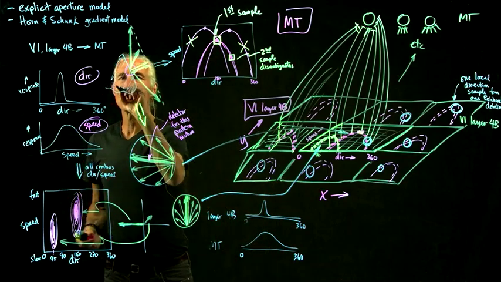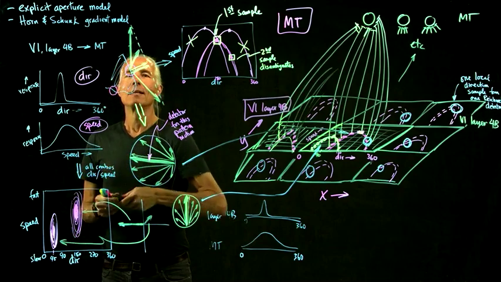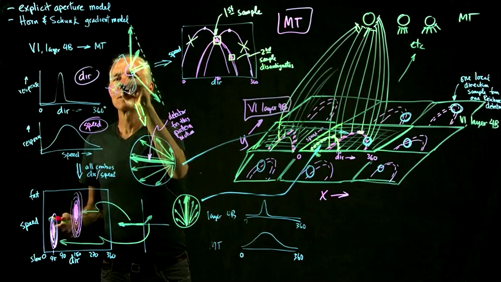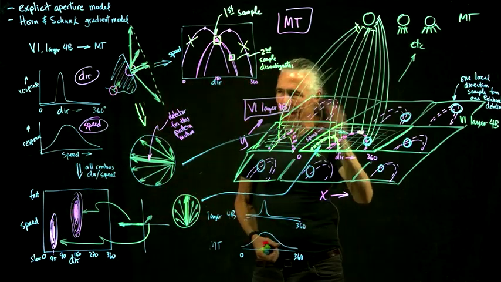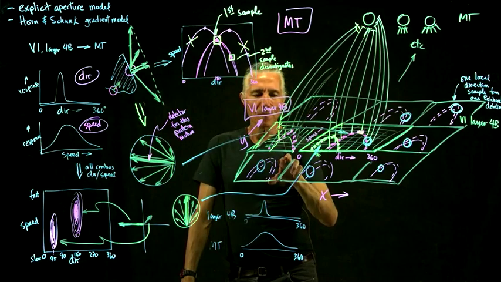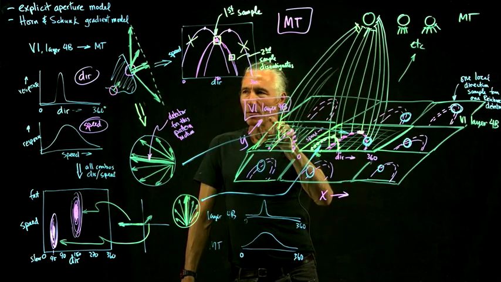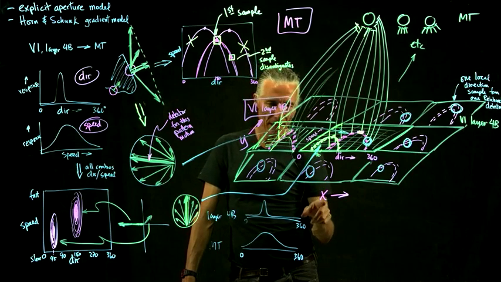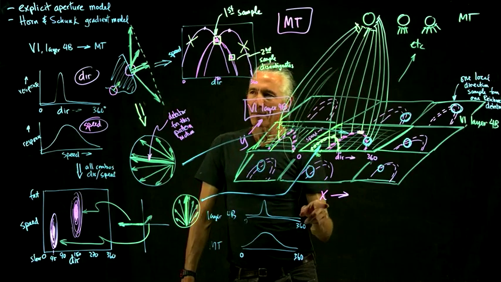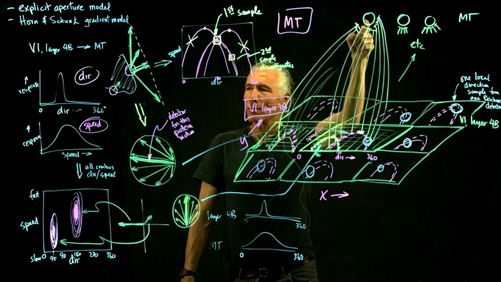And so if you want to solve the problem, you have to have another detector over here that's detecting something coming off of that edge. And so that's how you actually implement it. So many different parts of V1 layer 4B that are from different parts of the map, the X, Y map here, connect up to one MT neuron in order to solve this problem.